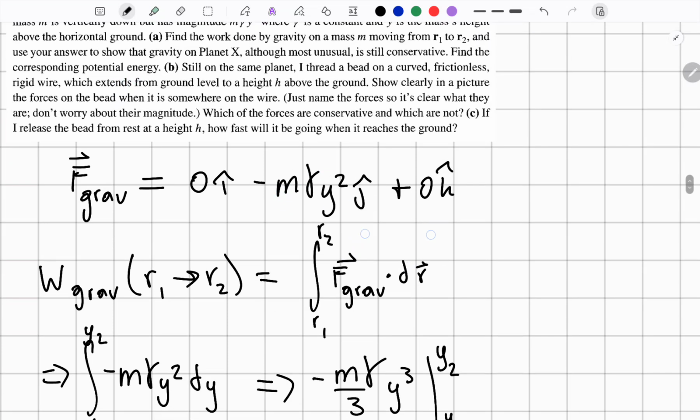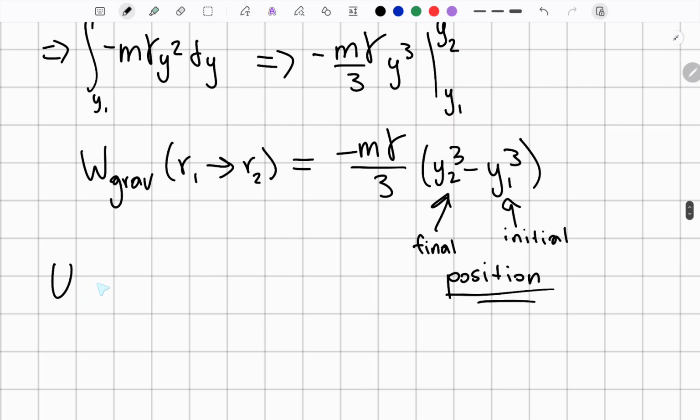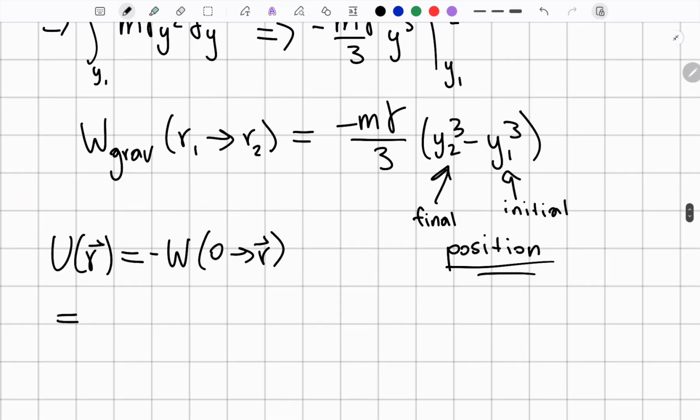Now we want to find the corresponding potential energy. We know that for a conservative force, our potential energy is going to depend on position. It's going to be the negative work done from moving from 0 to that position. And in our case, it's going to be the negative of negative m gamma over 3, if we go from 0 to a y value, we're going to have y cubed.